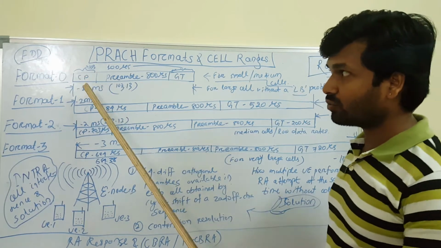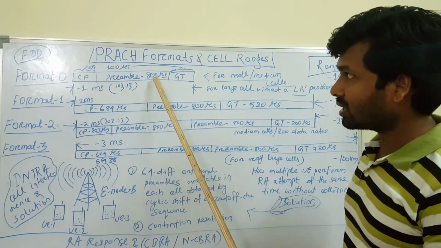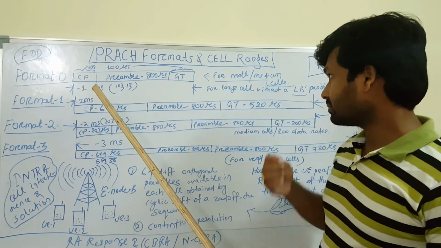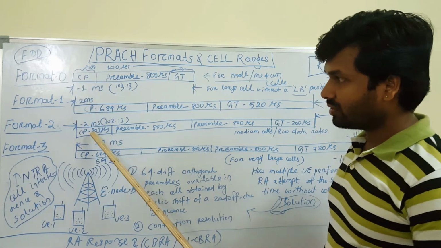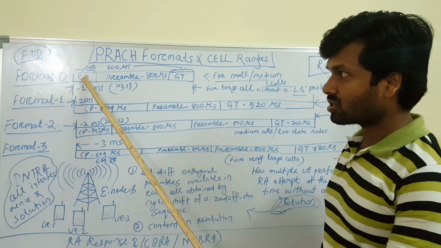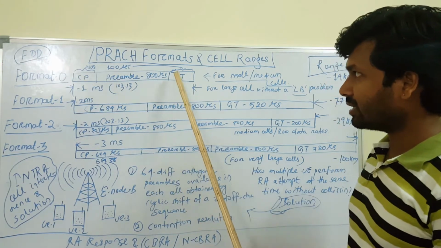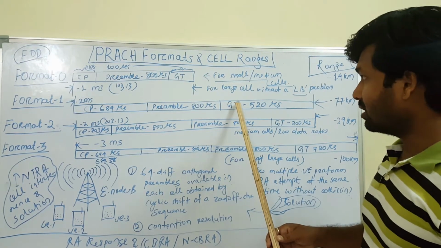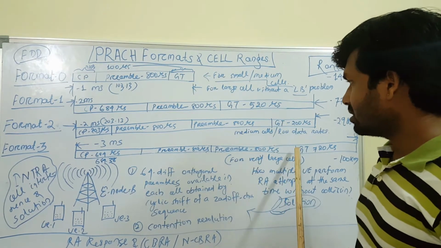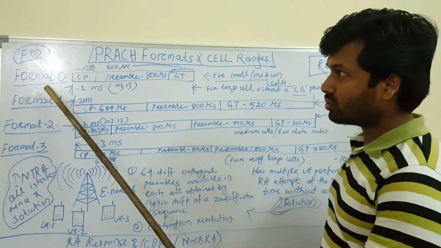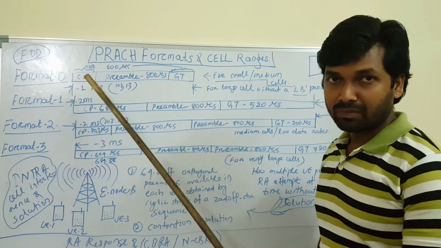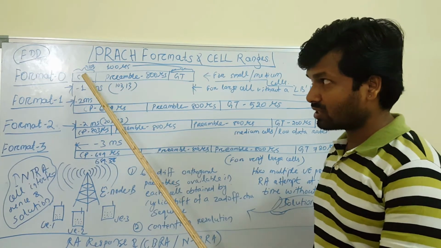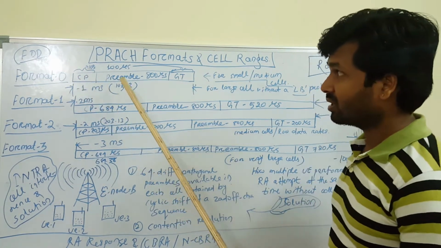The first part is the cyclic prefix, then the preamble part, and then at the end the guard time. So in format 0 we have 103 microseconds, or exactly 103.13 microseconds, for the cyclic prefix.